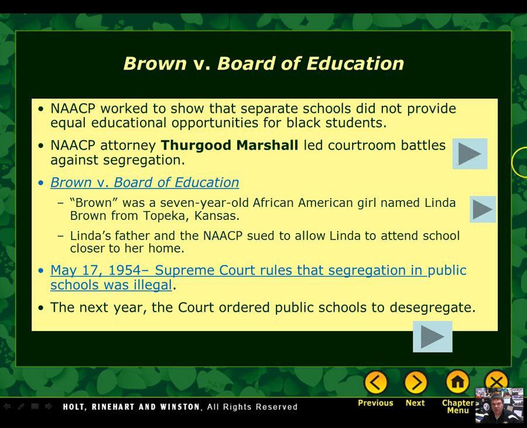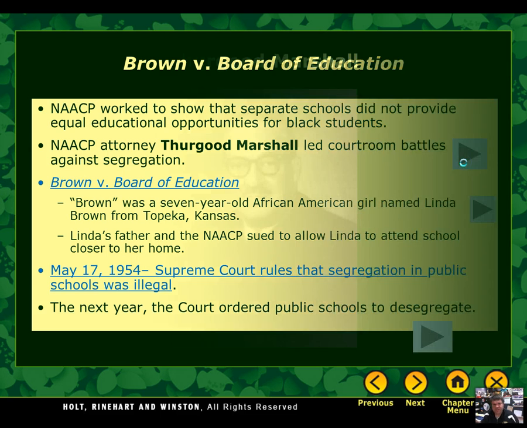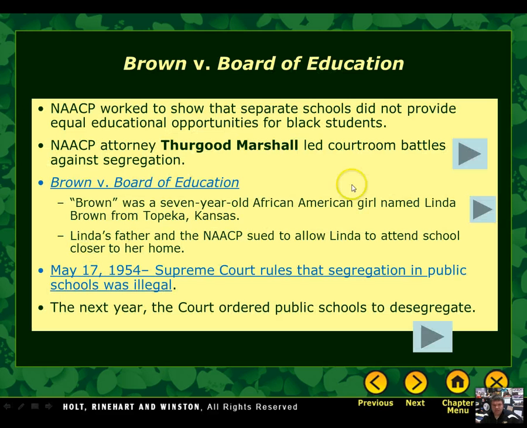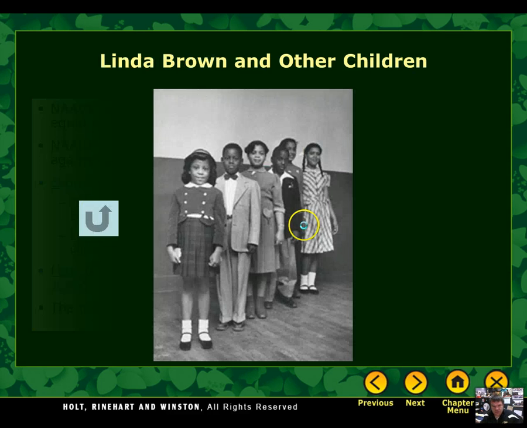The lawyer that argued this case in front of the Supreme Court was a man named Thurgood Marshall. He later goes on to become the first African American Supreme Court justice. Here's a picture of Linda Brown and the other children whose parents were suing on their behalf.